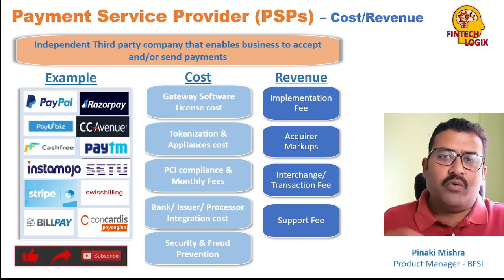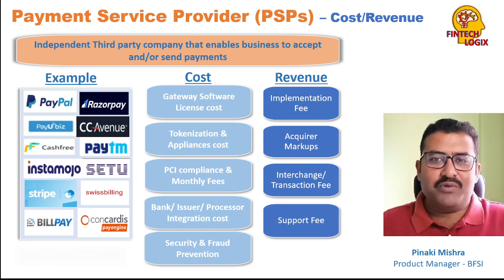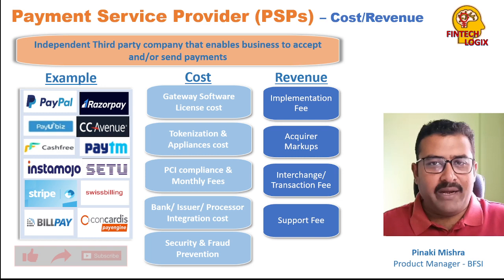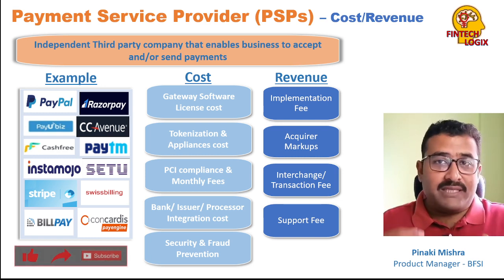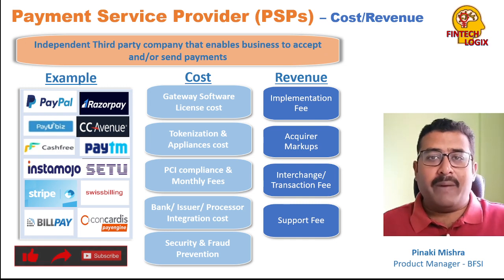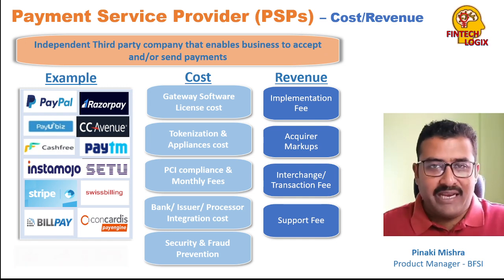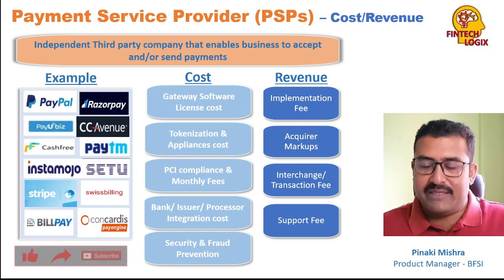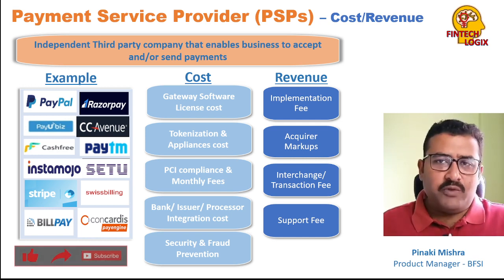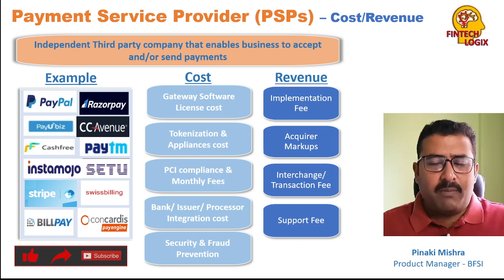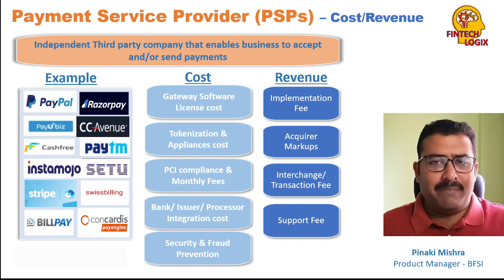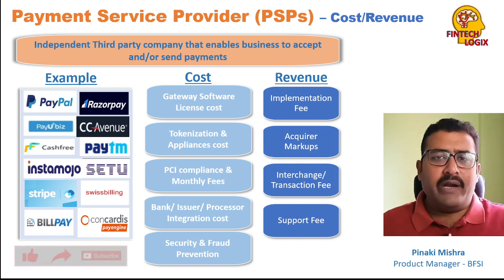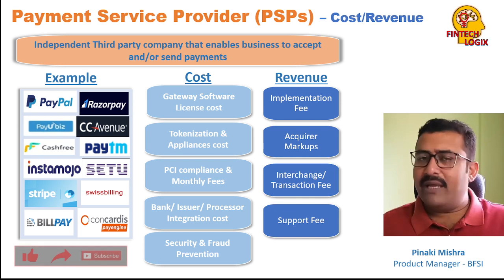Some part goes to your acquirer, some part goes to other gateway providers, and some part comes to the PSPs. This is a very minuscule part, but because we are dealing with volumes here, the PSP makes a profit out of this. The last one is support fees. Some of the larger lenders and banks expect 24/7 support from their PSPs.